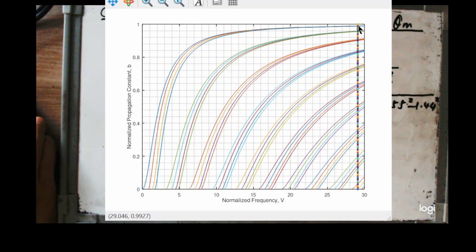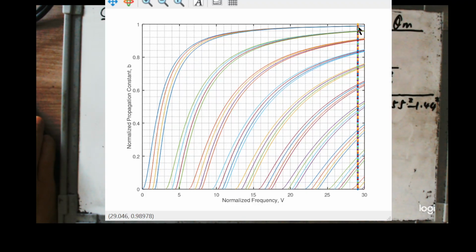Now, the crossing between the vertical line and the curve here represents the solution of B for a particular mode.